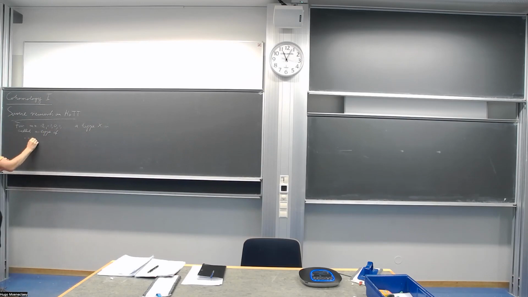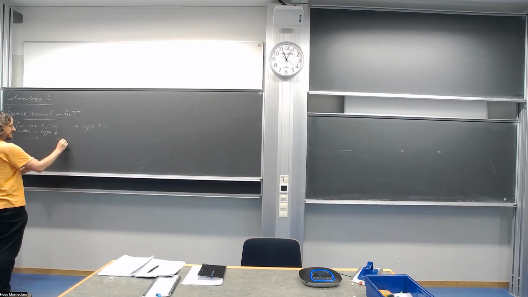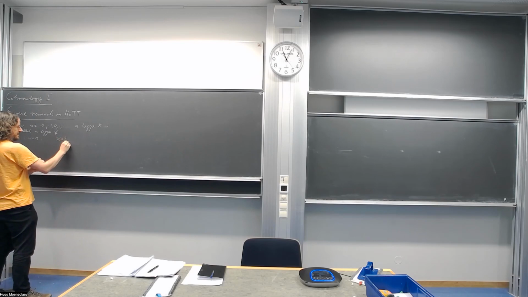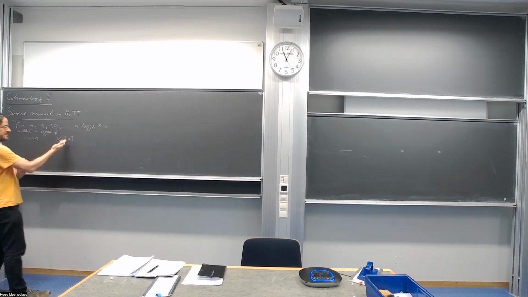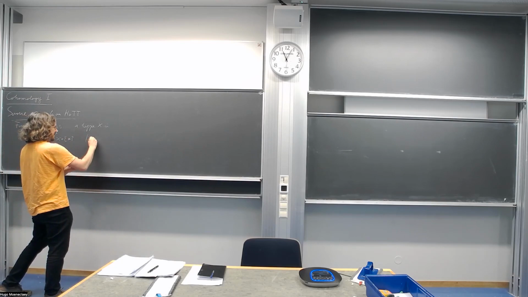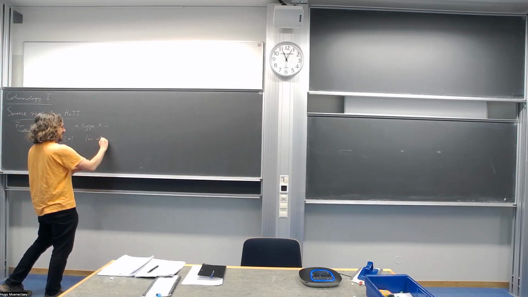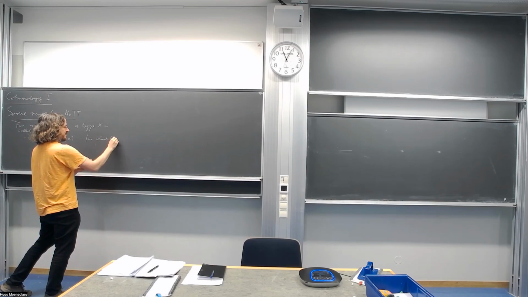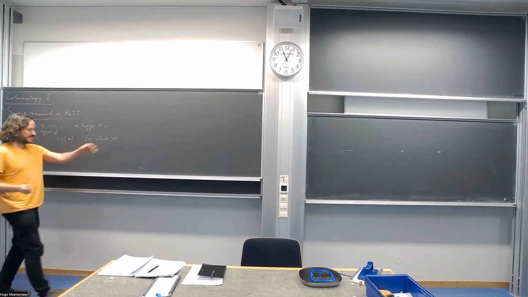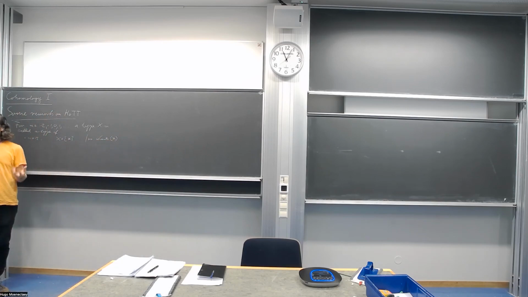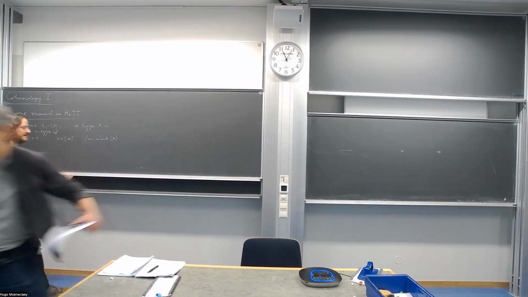For the case n equals -2, we just want that X is the one-point type, or as it usually is called in homotopy type theory, we define it is contractible, which says that something is contractible in a very topological sense.